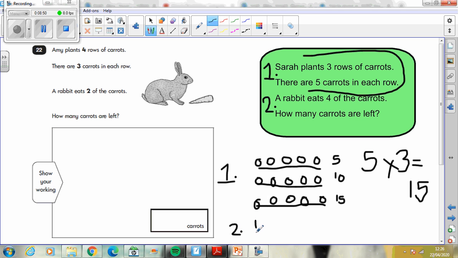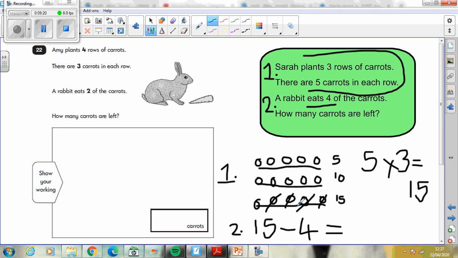The rabbit comes along. I started off with my 15 carrots. And then the rabbit comes along and eats 4. So we know that the rabbit, by eating 4, is taking away 4. So again, I'm going to go back to my drawing, and I'm going to cross out the 4 carrots that the rabbit has eaten.